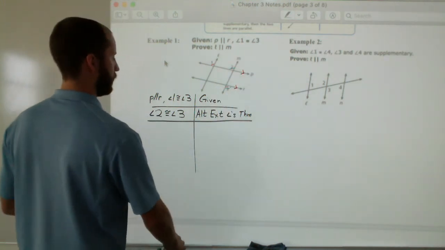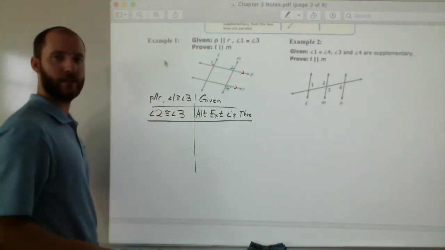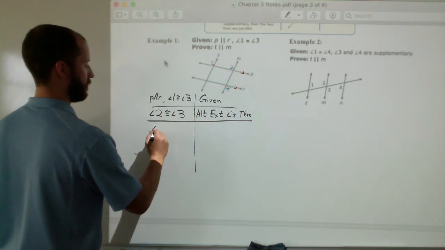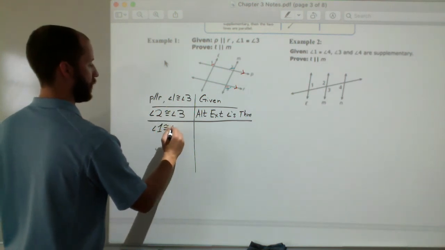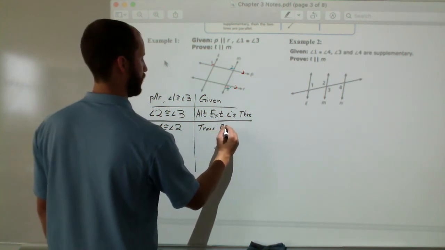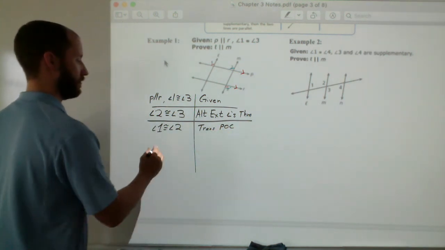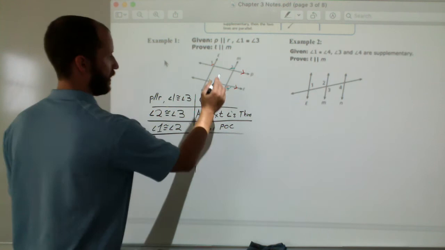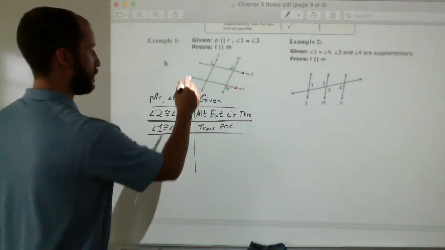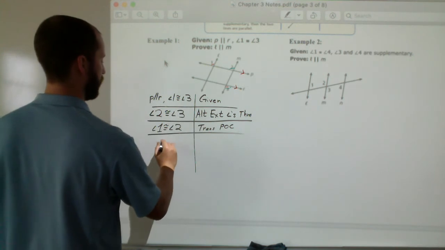Well, look at that. 1's congruent to 3. 3 is congruent to 2. You know what? I think angle 1 is congruent to angle 2. By some transitive property of congruency. And if 1 and 2 are congruent, those are corresponding angles. We have a pair of corresponding angles that are congruent.